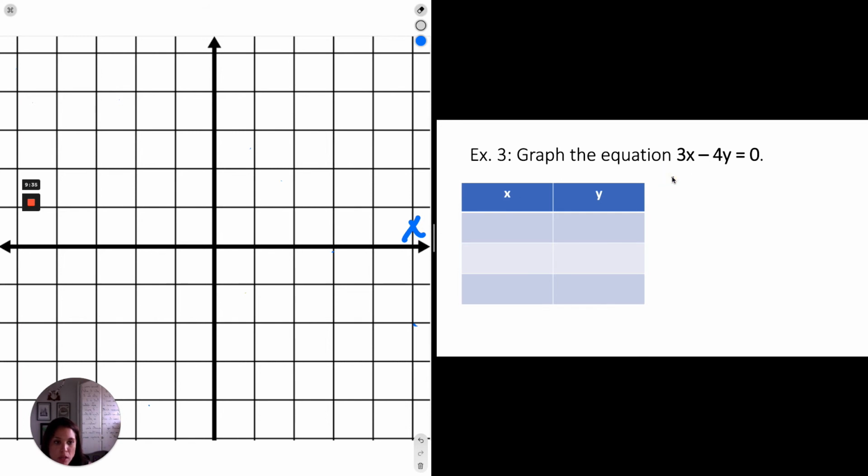So 3 times 0 minus 4y equals 0. As I solve this, I have negative 4y equals 0. What happens when you divide 0 by a number? You get 0. So when x is 0, y is 0.